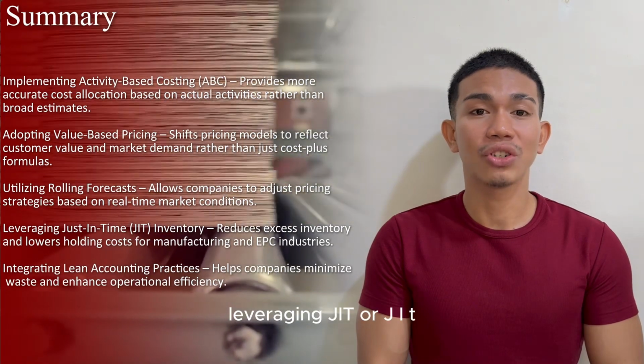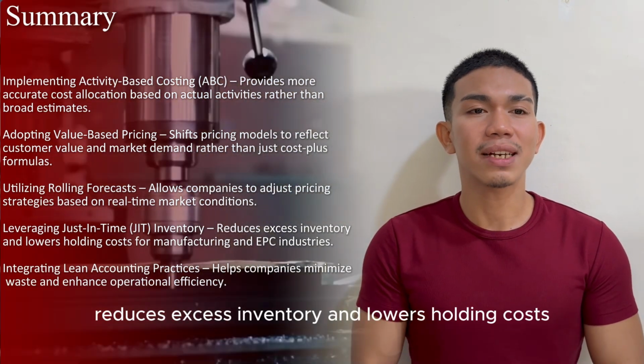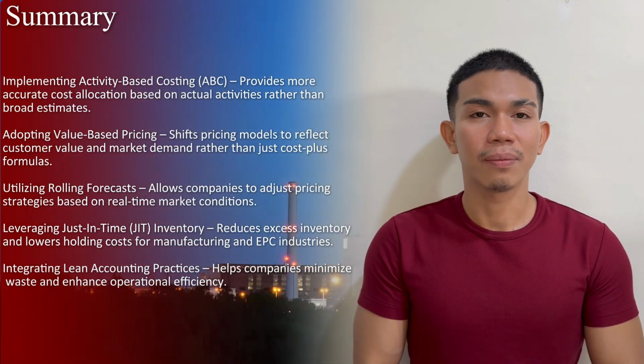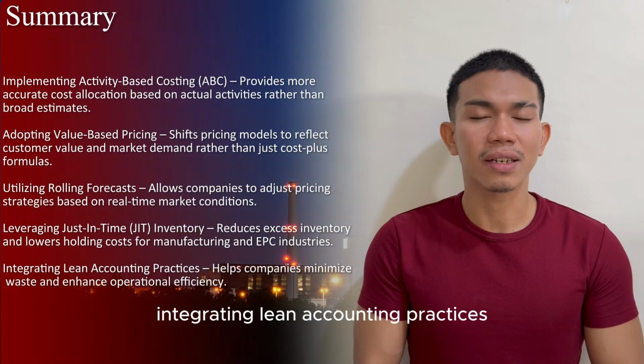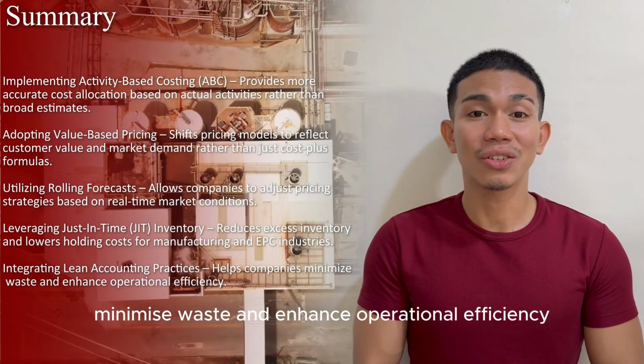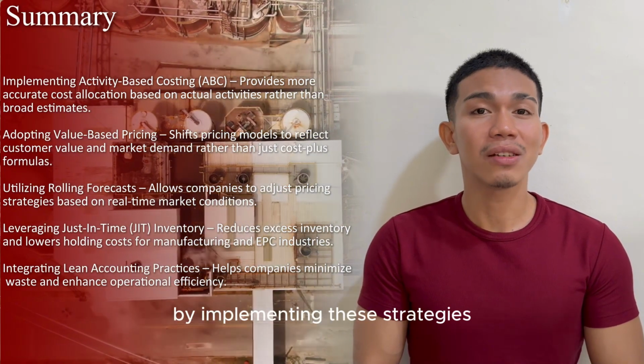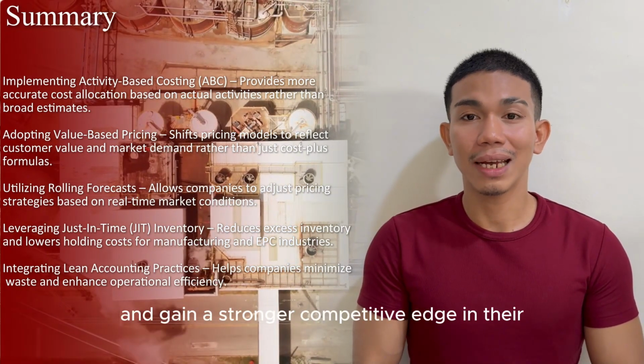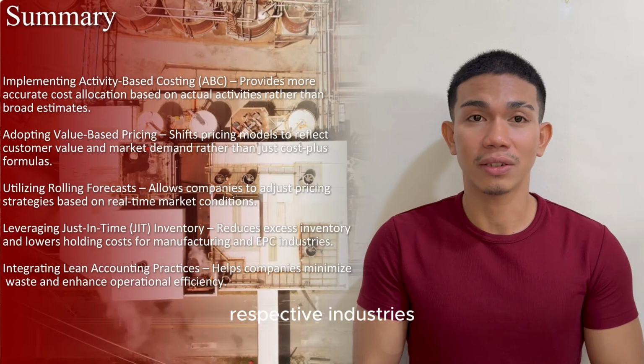Leveraging just-in-time, or JIT, inventory reduces excess inventory and lowers holding costs for manufacturing and EPC industries. Integrating lean accounting practices helps companies minimize waste and enhance operational efficiency. By implementing these strategies, companies can enhance profitability, improve financial accuracy, and gain a stronger competitive edge in their respective industries.